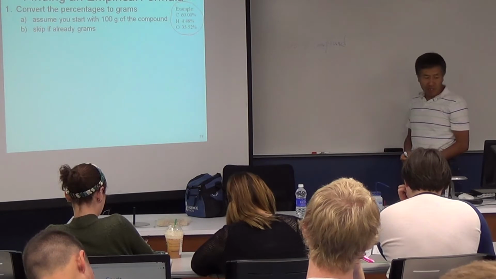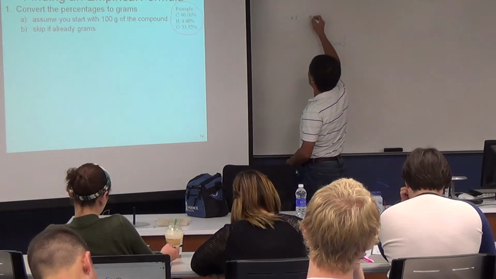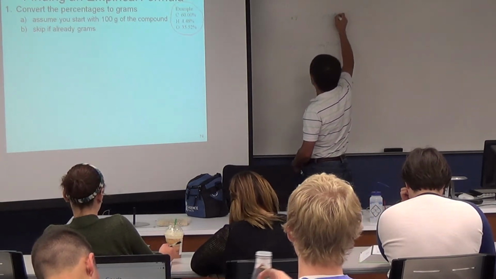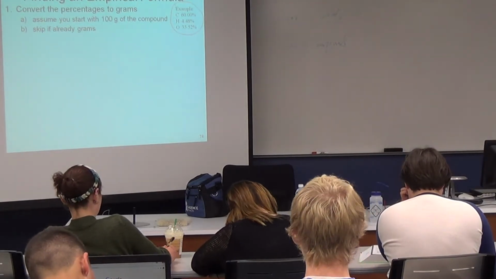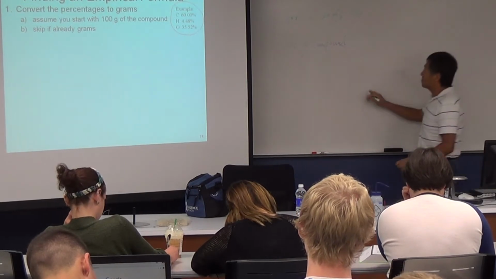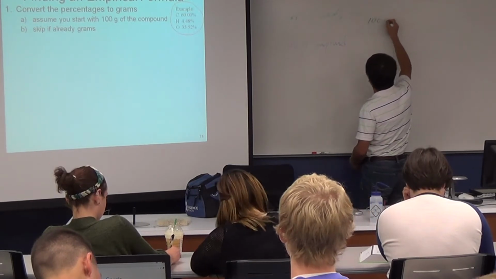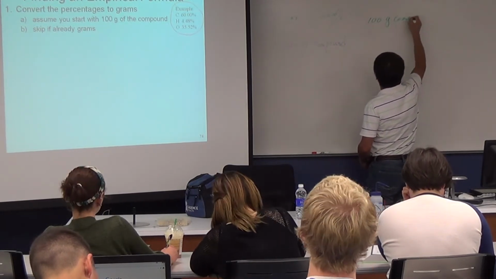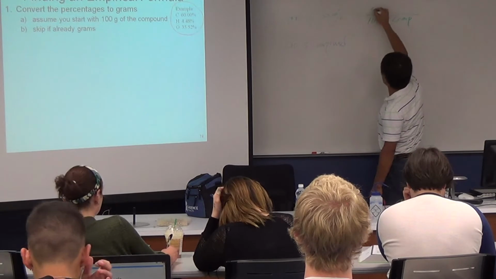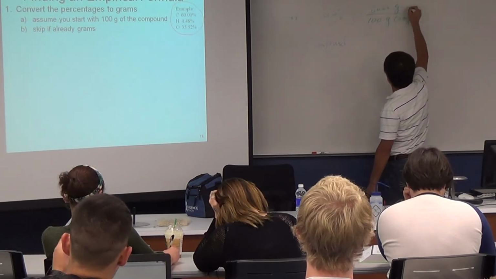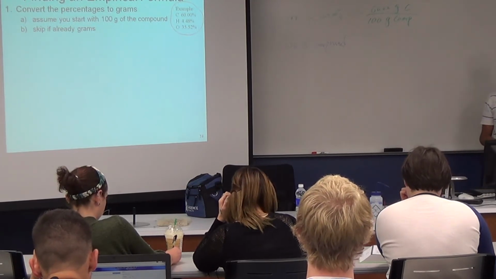Now this percent information tells you, for example, for C, 60.00%, and as you review what we learned about mass percent, it means you have 100 grams of the compound, and then you have 60.00 grams of C.